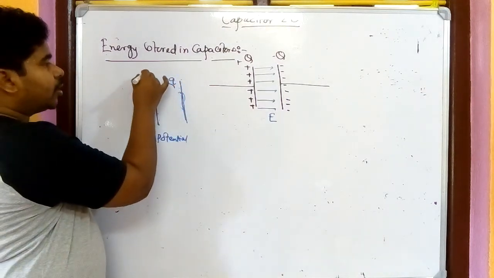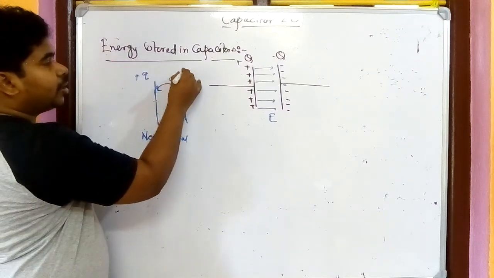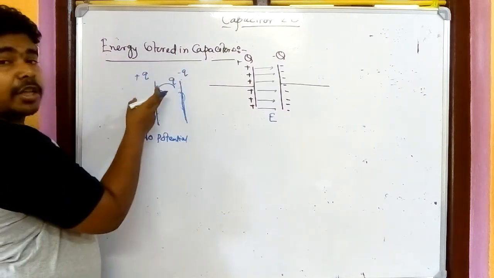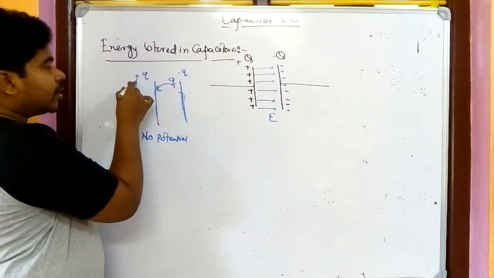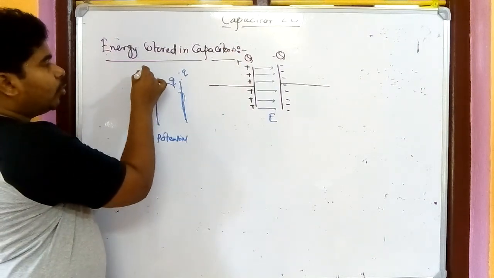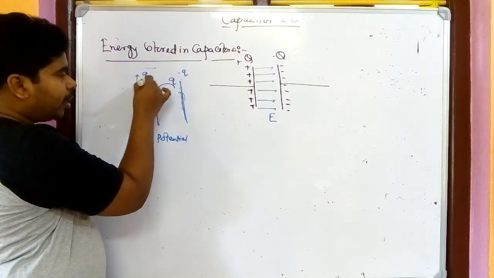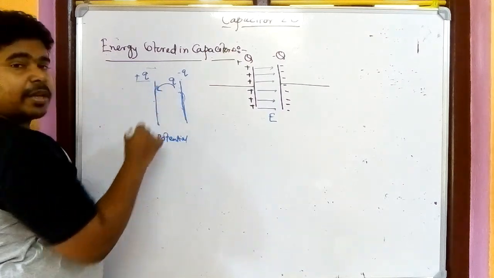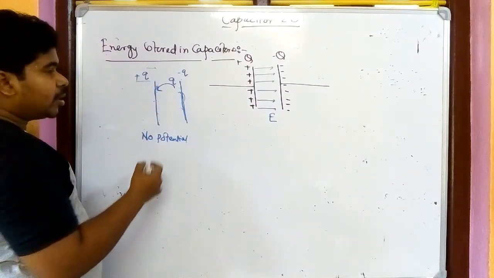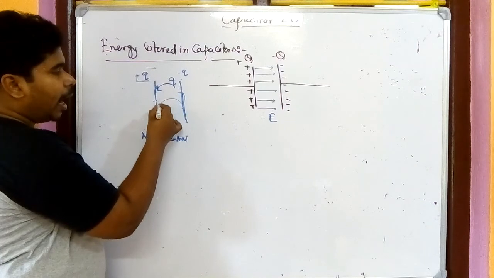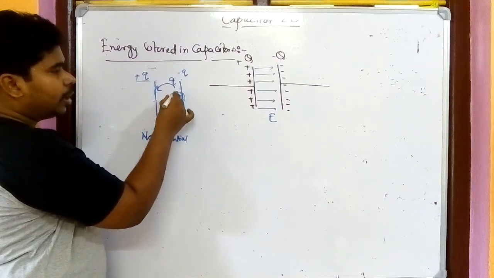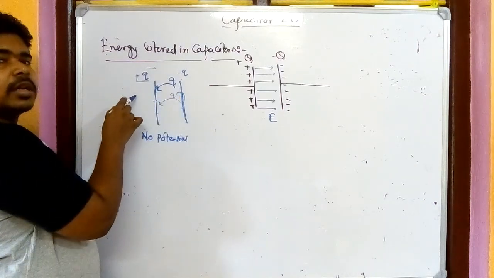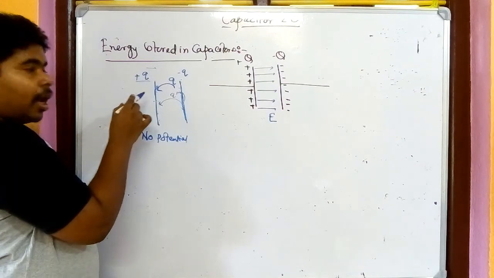So here the charge is now plus q, here the charge is minus q, as I have taken q from here. Once the charge comes here, a potential is created in this plate. Potential means if you want to take another charge q dash, you have to do work.